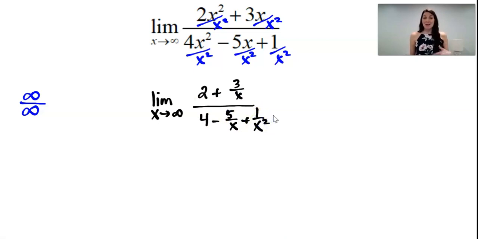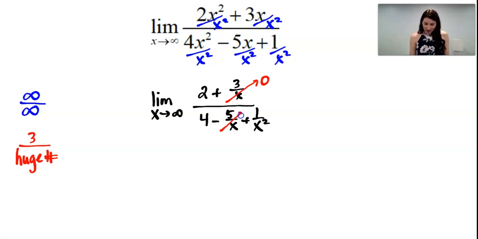Now we want to think about directly substituting in infinity again, but now with this new form. The number 2 is just going to stay the number 2, but as I plug in infinity to 3 divided by infinity, I have 3 divided by an enormously huge number. Any number divided by an enormous number is going to approach the number 0.